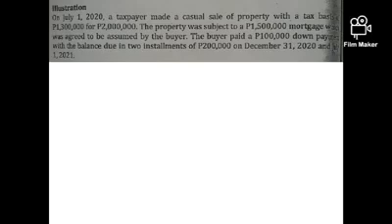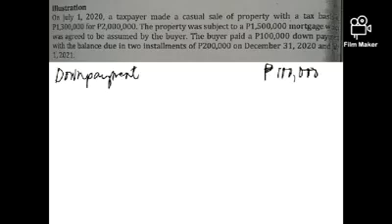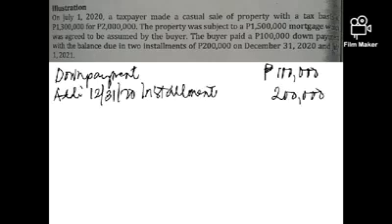Let's determine now how much is the total payments made during the year of sale. We begin with a down payment of 100,000 pesos, plus the first installment on December 31, 2020, 200,000 pesos. And then take note that the property is being mortgaged, and the mortgage is assumed by the buyer.